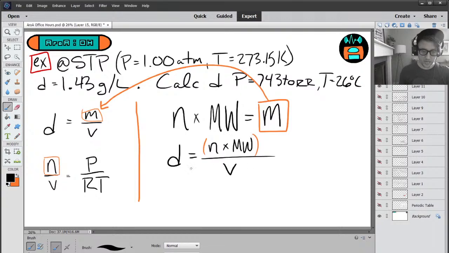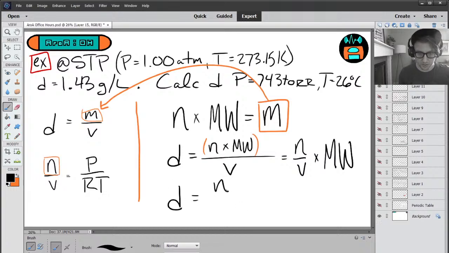Now I'm going to algebraically rearrange this a little bit. Moles over volume times molecular weight is equal to density, right? So we have a new expression: density is equal to moles over volume times molecular weight.